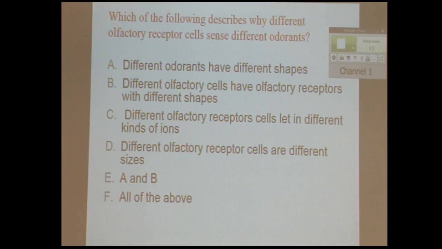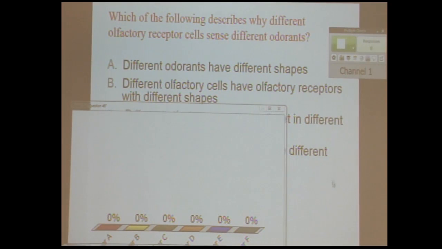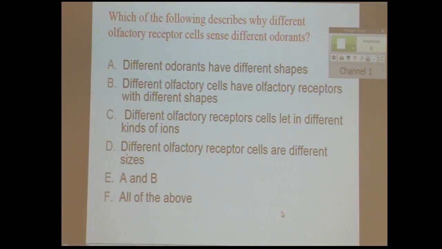What do you think? All right, so a tie between E and F. Almost exactly. So convince your neighbors that you're right.